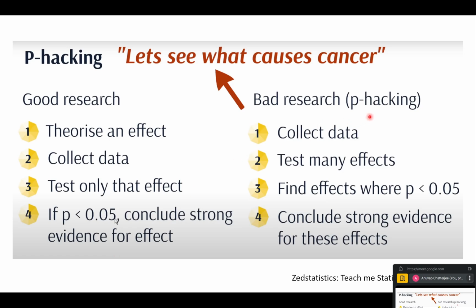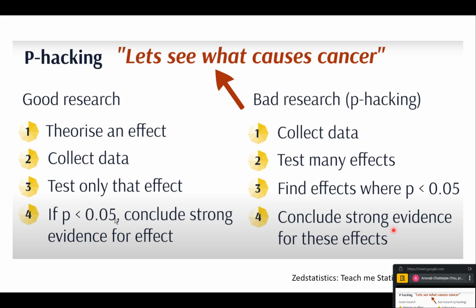The other way around, which is not very nice, is called p hacking. You collect a lot of data first, you don't have a hypothesis that you want to test, and you test everything. Say you wanted to prove that somehow drug A is better than drug B, but you are looking for any way you can do it. So you test all the parameters and find one particular parameter in which drug A performs better than drug B, and then you conclude that this is how drug A is better.